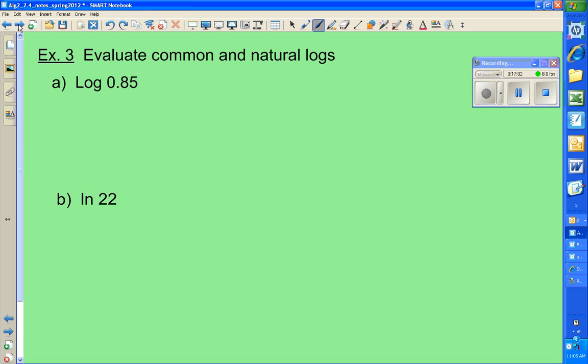You should have some sense, at least with common logs. 0.85. You've got to realize, where is 0.85 going to come? What power do I need to raise 10 to get to 0.85? Hopefully you have a sense of that. What is the log of 0.85?